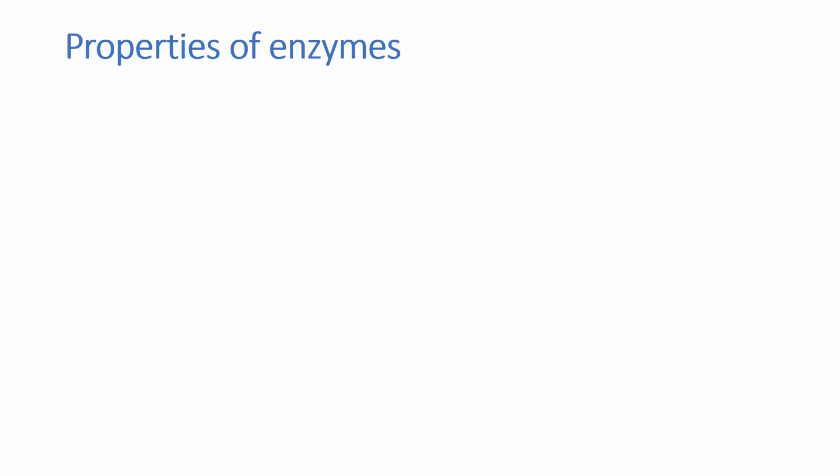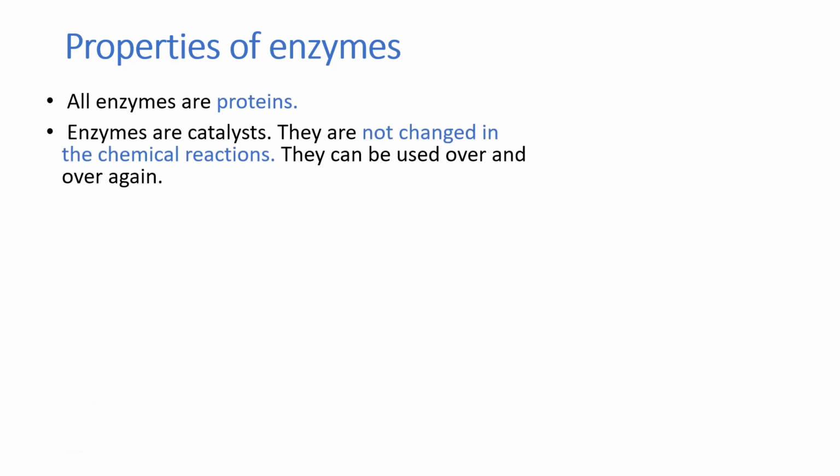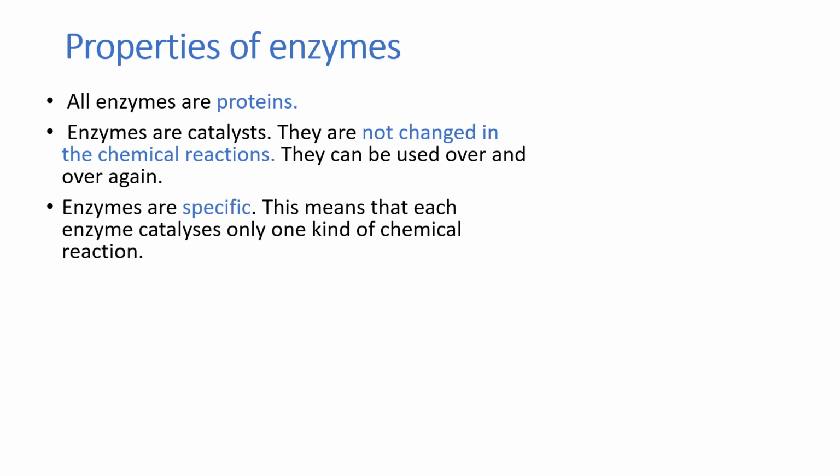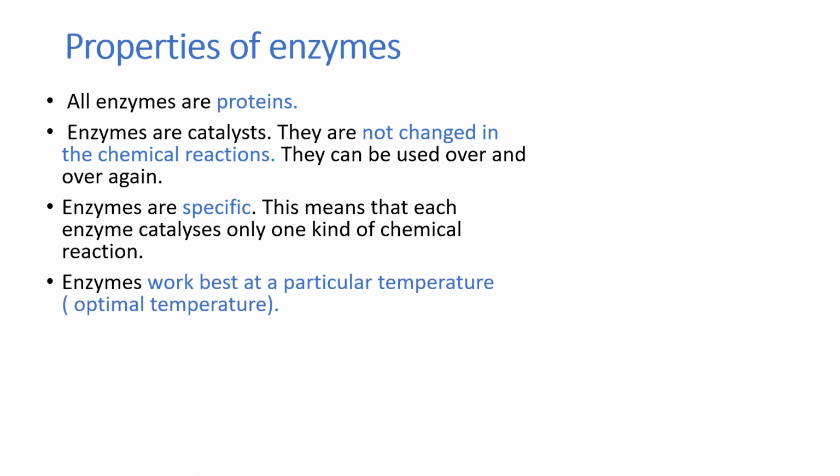So let's see what are the properties of enzymes. All enzymes are proteins. Enzymes are catalysts that are not changed in the chemical reactions. They can be used over and over again. Enzymes are specific. This means that each enzyme catalyzes only one kind of chemical reaction.